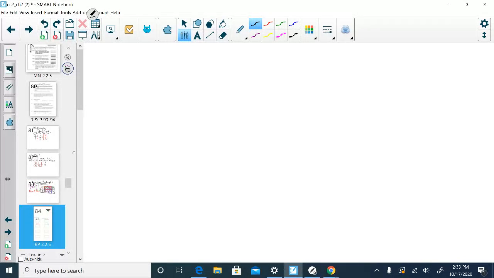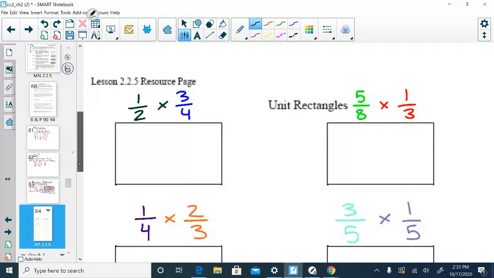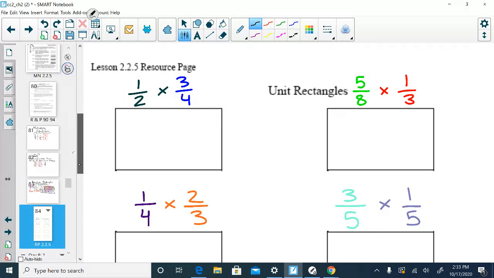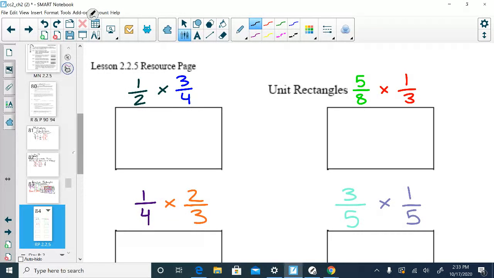So hopefully this is starting to make a little bit more sense. Let's do a few of these together so that we can get the hang of it. So I'm going to start off with my second fraction, because remember that multiplication symbol means of. And so I'm taking 1/2 of 3/4.